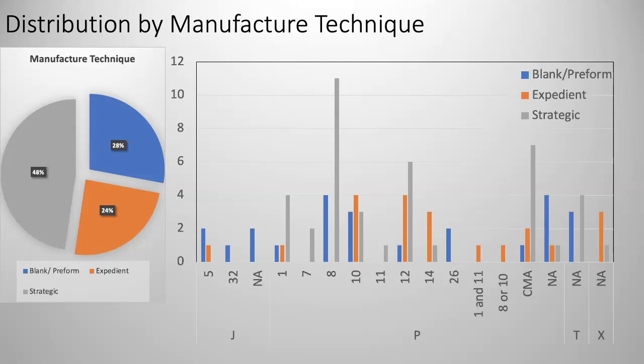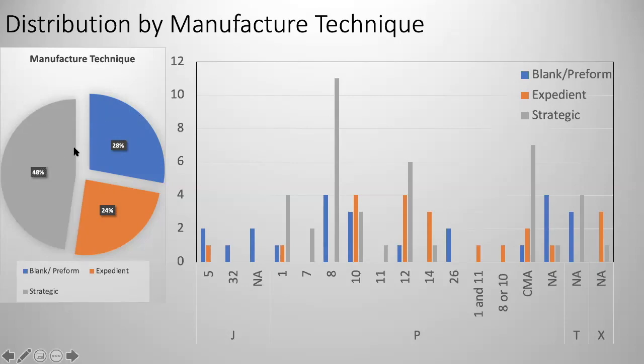The expedient technique involves essentially shaping the tool through use as a tool, and then strategic design, which involves taking a cobble, pebble, or rock and making it into a desired shape. So designing the shape rather than shaping it from use.